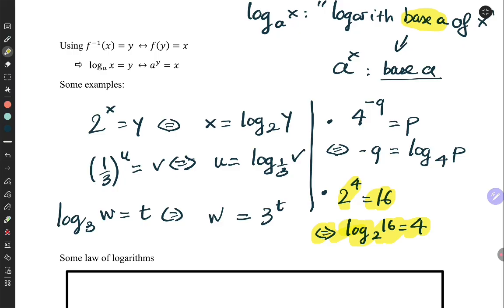That's too much. I don't think your calculator can output that. 2 to the 40 is extremely huge, and your calculator runs out of space.